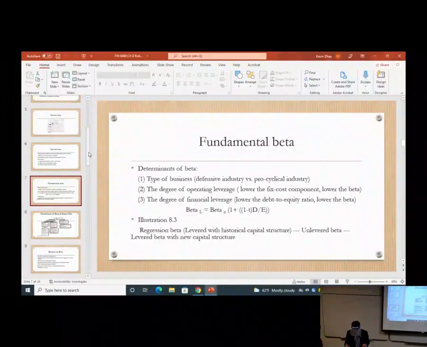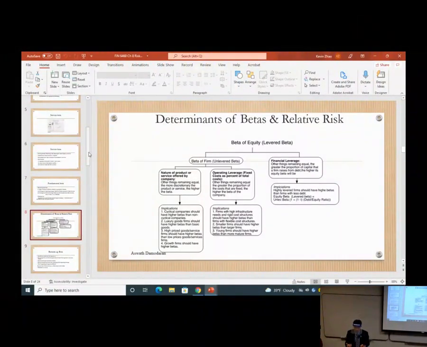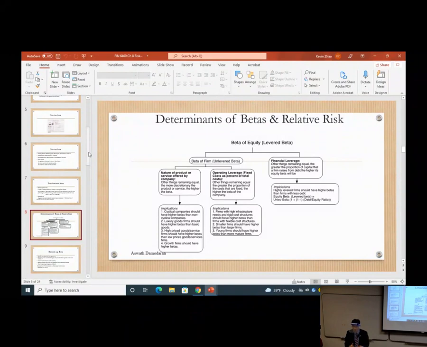And here's the big picture about the 3 sources of risk that we should consider when we estimate beta from this bottom-up framework, the so-called fundamental beta estimation. We look at 3 business fundamentals.